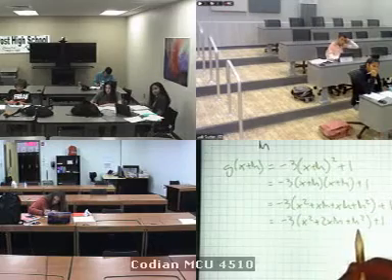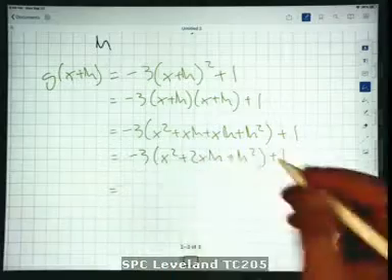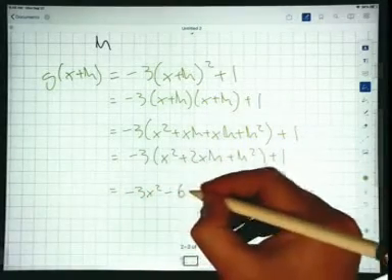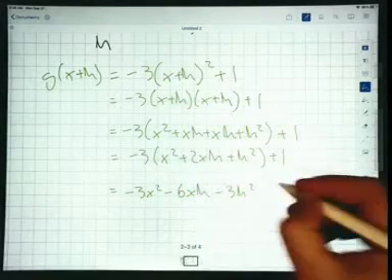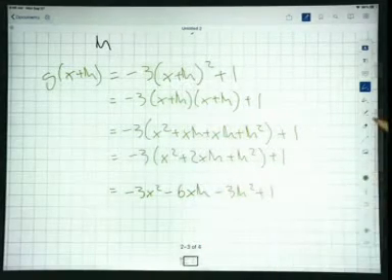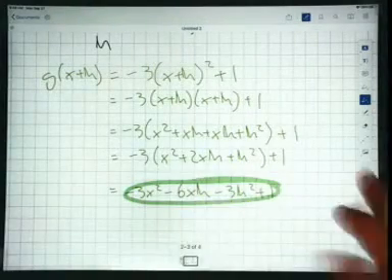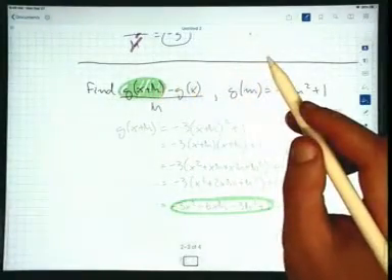I would memorize this. Just know it. Now you distribute the negative 3. And this is the g at x plus h.